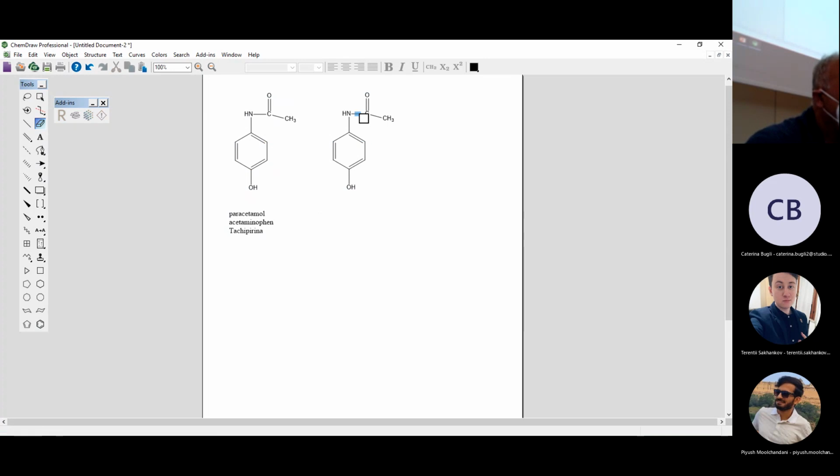If we have the hydrolysis of the amide bond, we have once again the formation of this para-aminophenol, which can be oxidized in presence of oxygen to give an iminoquinone.